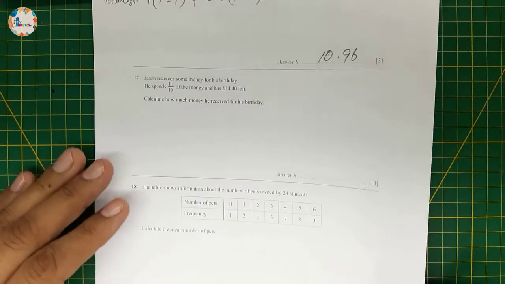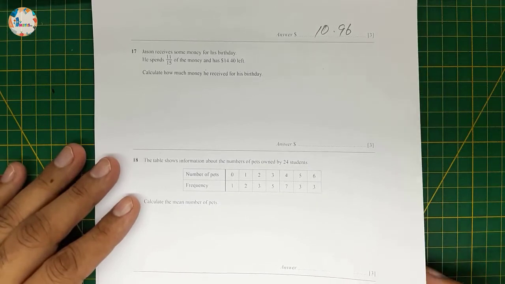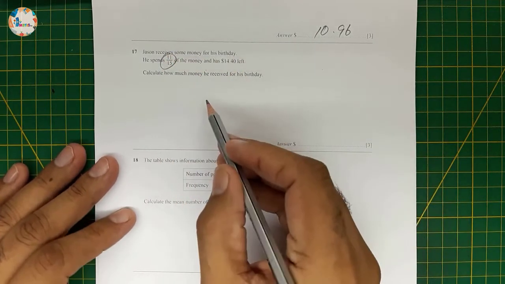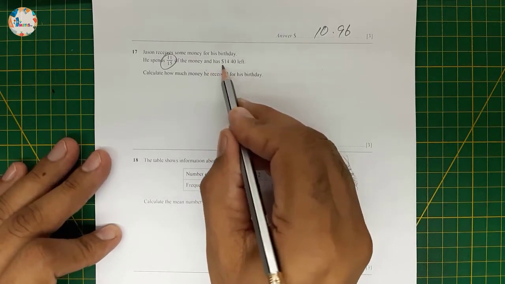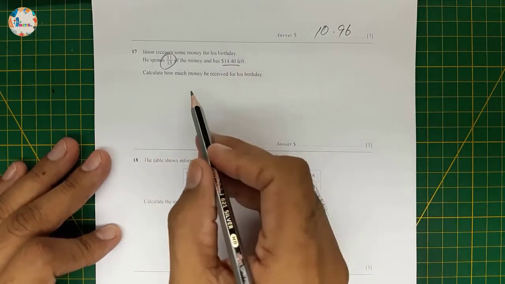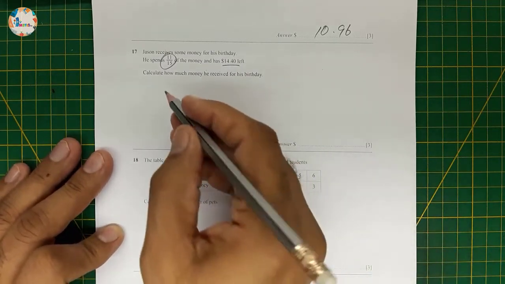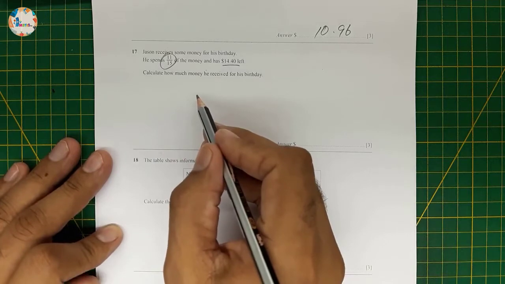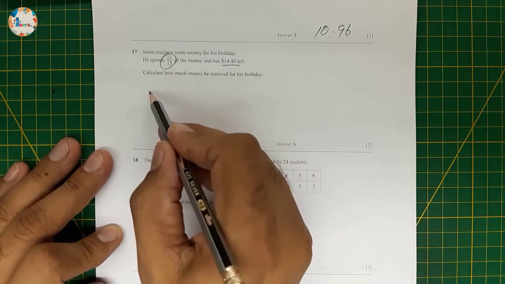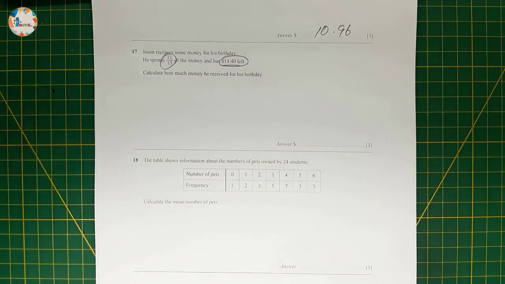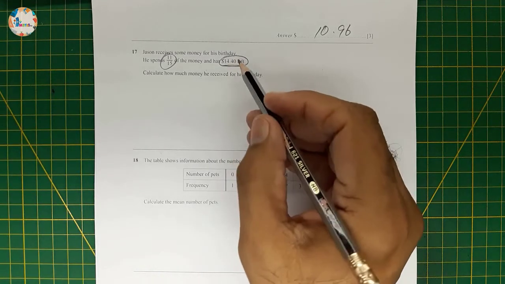Question number 17. Jason receives some money for his birthday. He spends 11/15 of the money and has this much left. Calculate how much money he received for his birthday. This is the left amount, so this is basically a reverse percentage question.